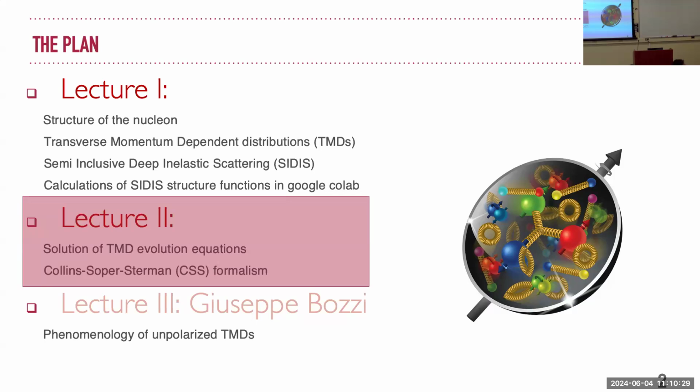The solution was pretty simple, and it says the following. This configuration is for semi-inclusive deep inelastic scattering. For Drell-Yan, I have the same field sitting here at 0 and here at b perp, but now my gauge link will go in this direction. It will come back in this direction.